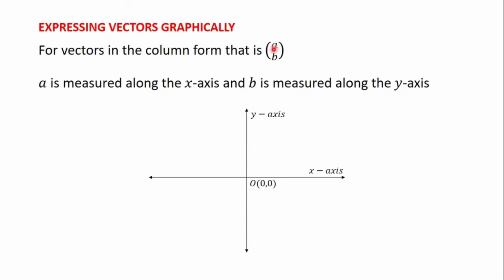Now you can see that a here can be positive or negative. b here can also be positive or negative. If you are moving towards this direction, the values are positive. If you are moving towards this direction, the values are negative. If you are moving upwards, the values are positive. And if you are moving downwards, the values are negative.